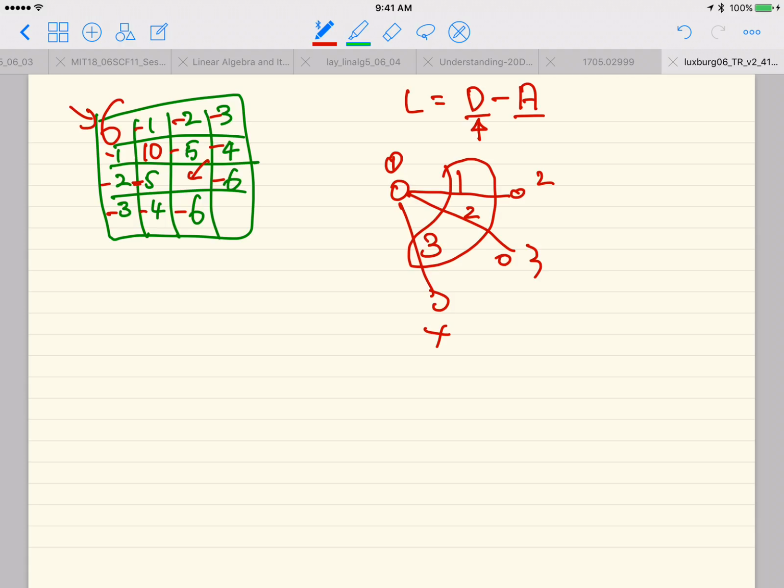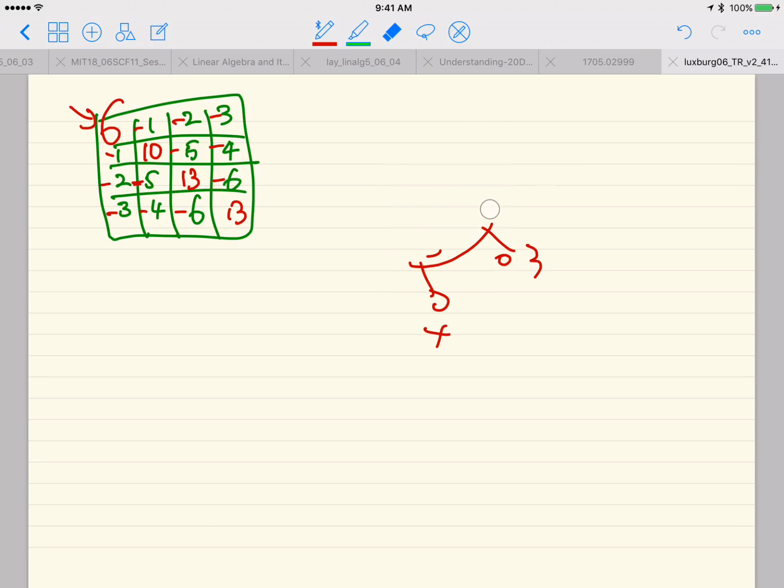And what about this guy? Then 13. Okay, and then let's think about the eigen decomposition using this matrix L.